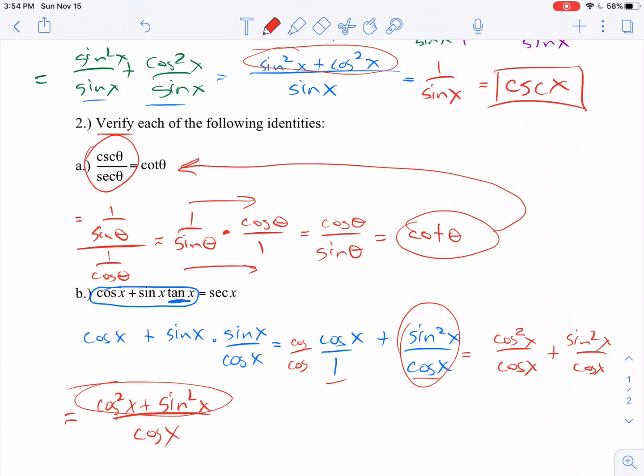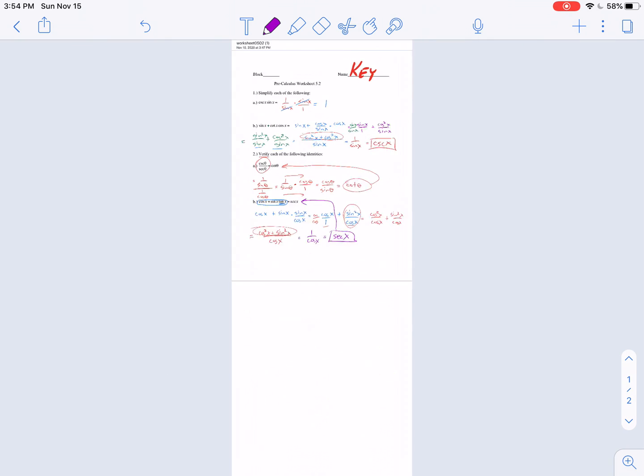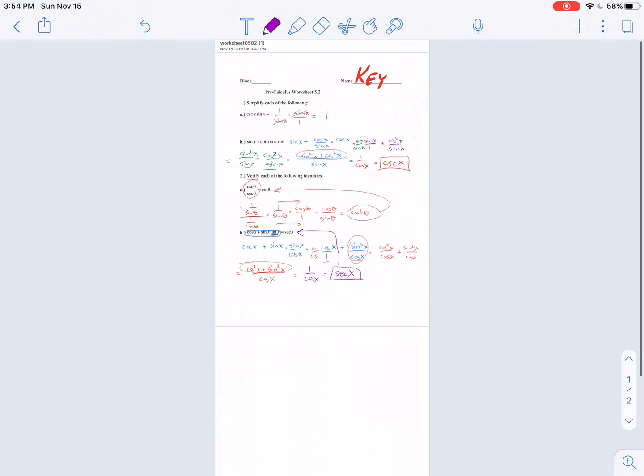And there's that number one Pythagorean identity again. And so I now have 1 over cosine of x, which is secant of x. And if you look back at the beginning, that's what we were trying to get to. And so that's the end of the 5.2 worksheet.